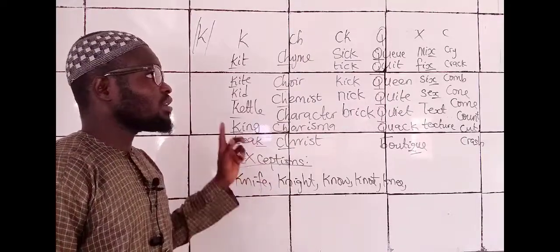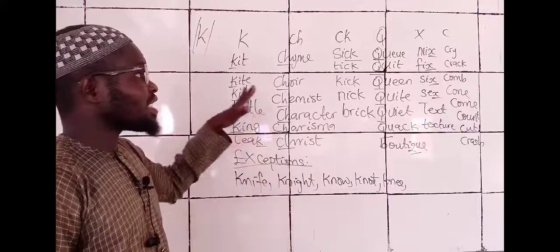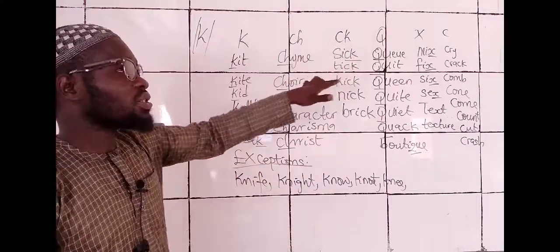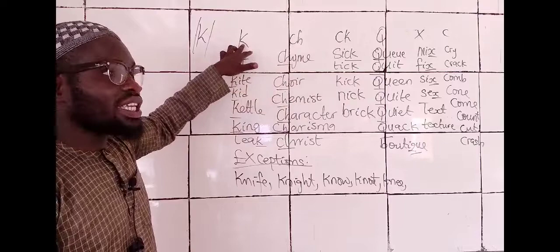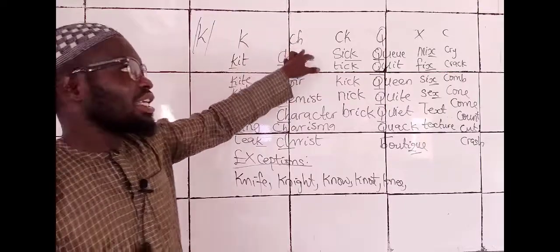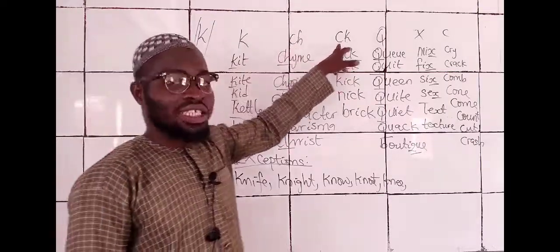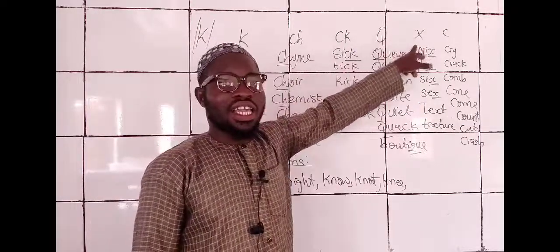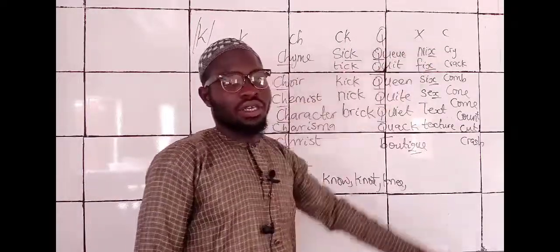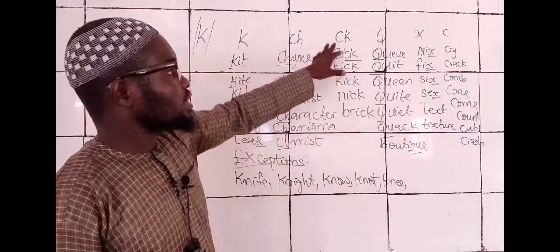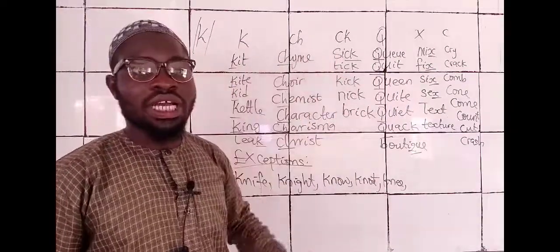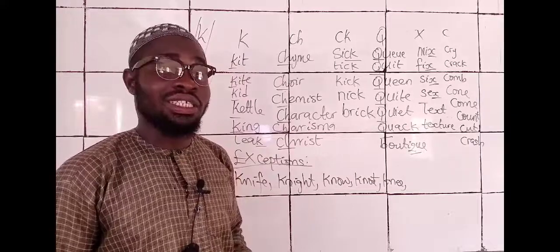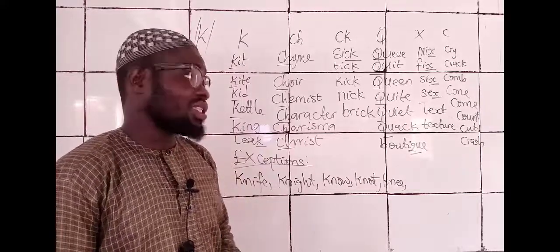So voiceless velar plosive, and it has a number of representations. It can be represented with letter K, letters CK, letters CH, letter Q, letter X, and letter C. Any of these representations could be pronounced as k where it's warranted.